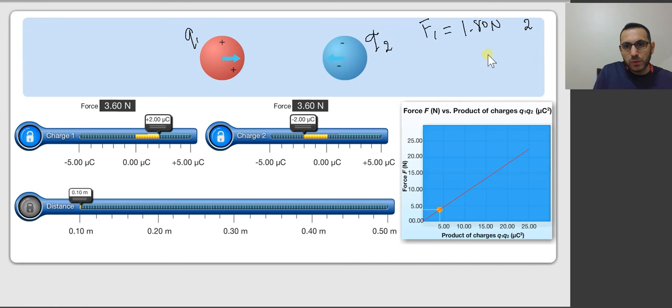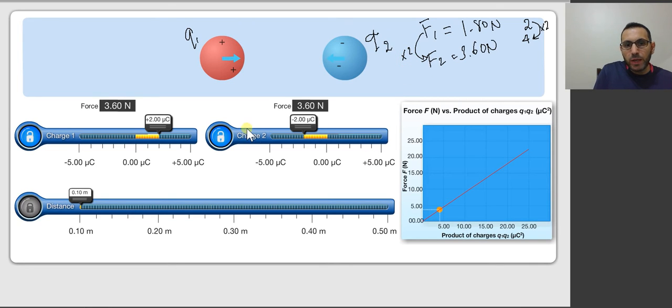F2 is now 3.60 Newton when the product is 4. Okay, so here I have doubled the product. You see here F2 is also twice F1. 3.6 is 2 times 1.8, so also times 2.